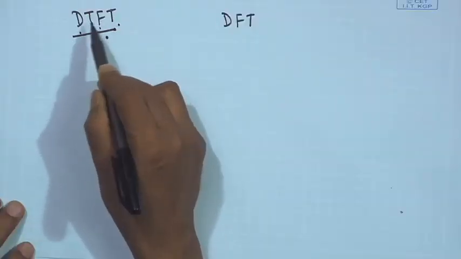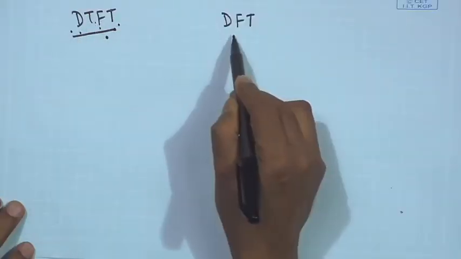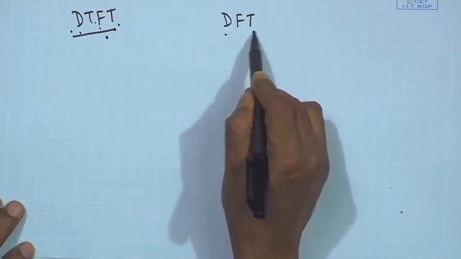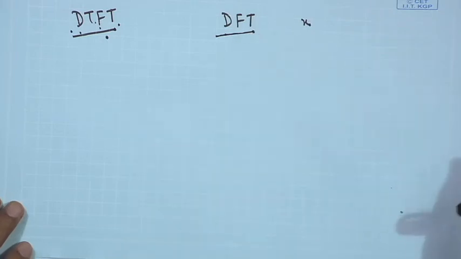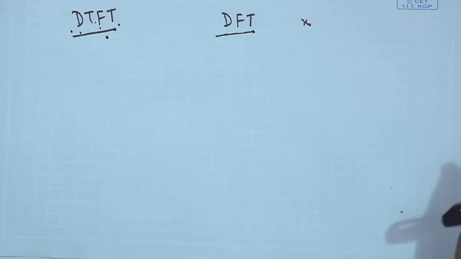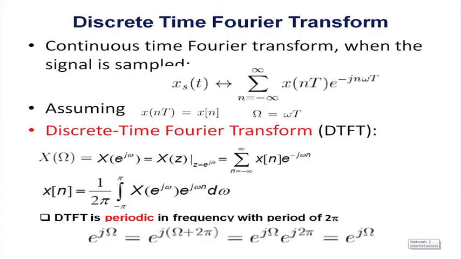So, in the discrete time Fourier transform, time domain is discrete, but in the discrete Fourier transform, the input is discrete and the frequency domain is also represented as discrete. So, this is DTFT and DFT.